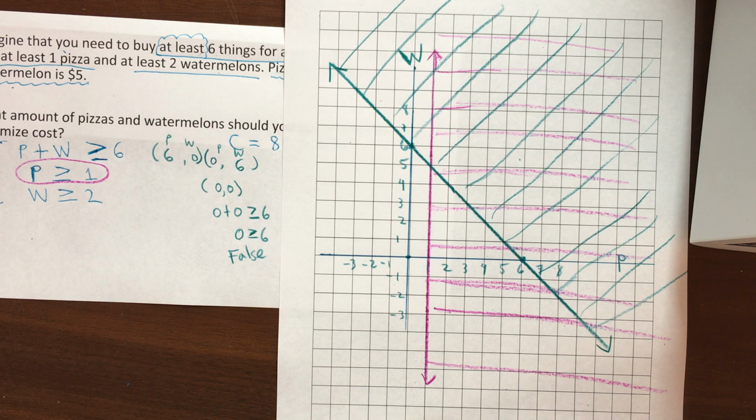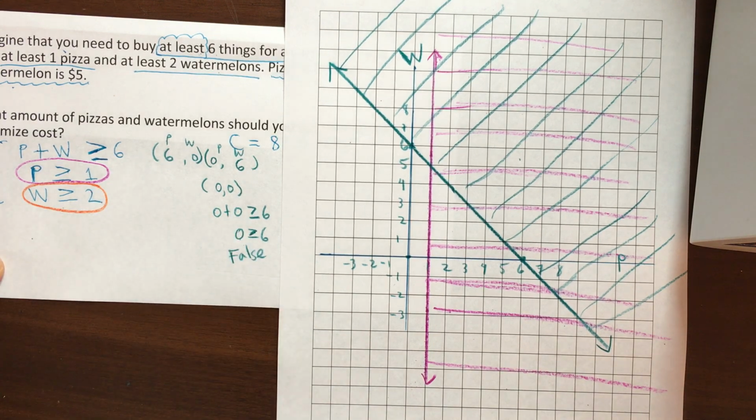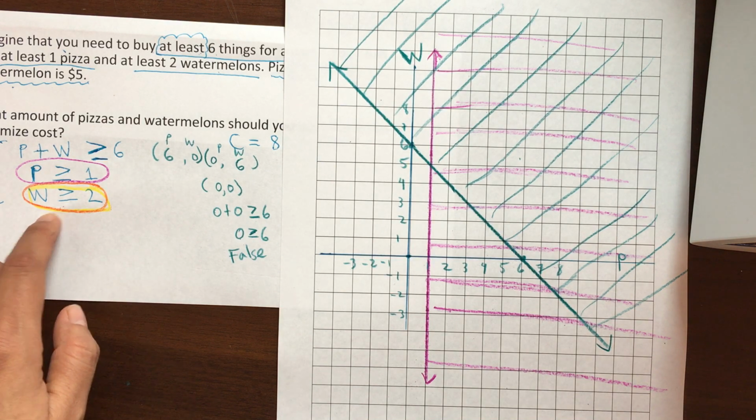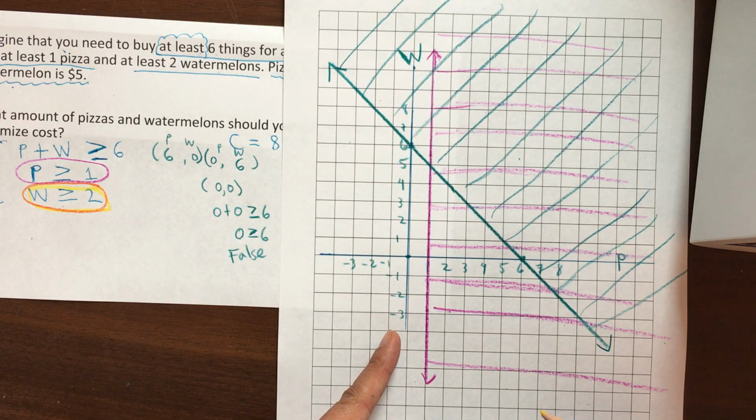Now I'm going to use, let's see if I can find an orange. There it is. And so now for the watermelons, I'm going to use orange. They look very similar. Maybe I'll use the yellow one. And so W, which is this right here, is greater or equal than 2.